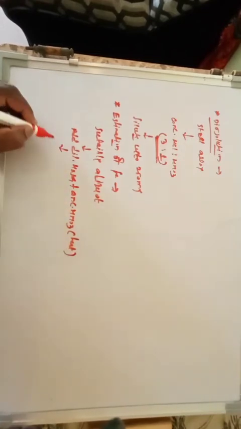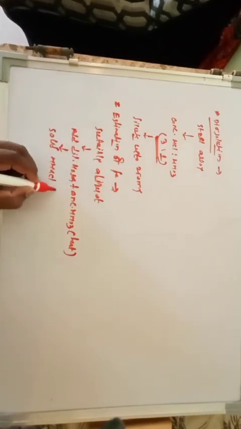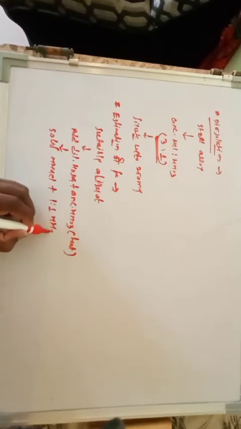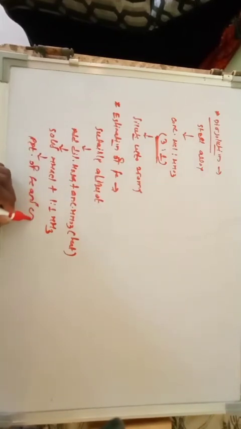Then you have to add solid NH4Cl plus 1:1 ammonia. And then there is a precipitation of both hydroxides of Fe and chromium. So precipitation of iron and chromium as their hydroxides.